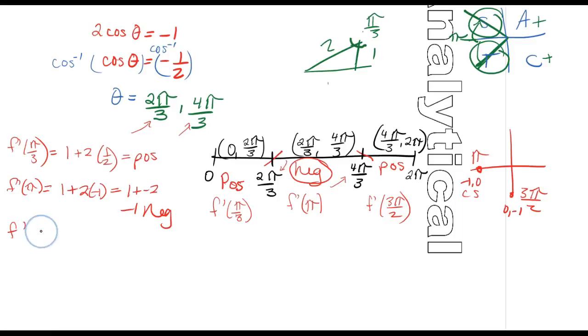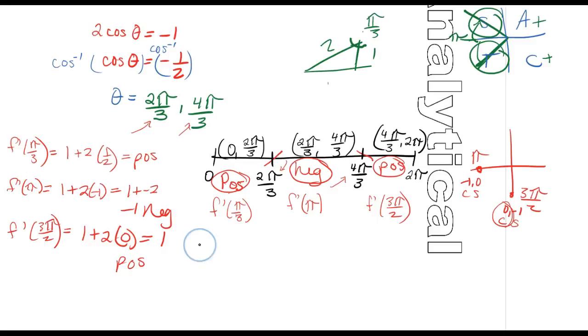And same thing for 3 pi over 2. 1 plus 2 times cosine at 3 pi over 2 is 0, which gives me 1, which is positive, as we saw here. Now that we have our sign chart, we know our critical numbers, and we know where our derivative is positive or negative, we can answer our increasing, decreasing, max and min questions.